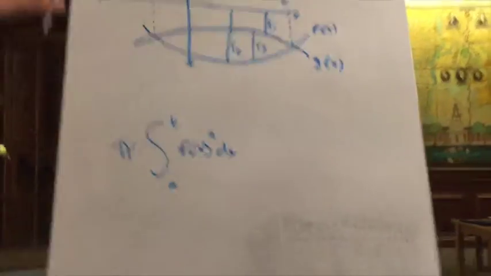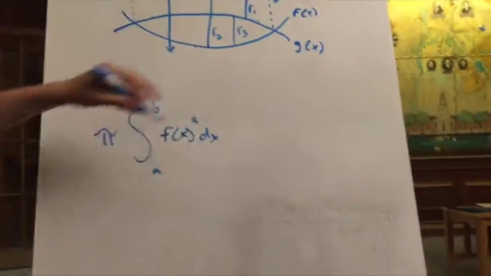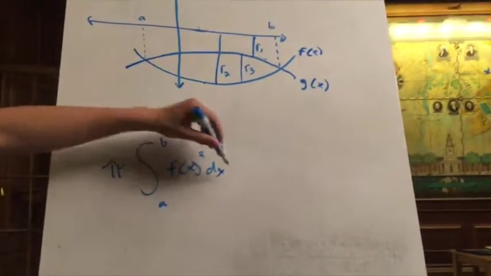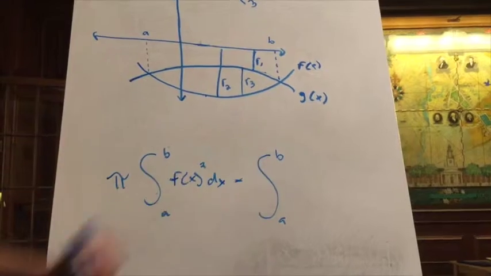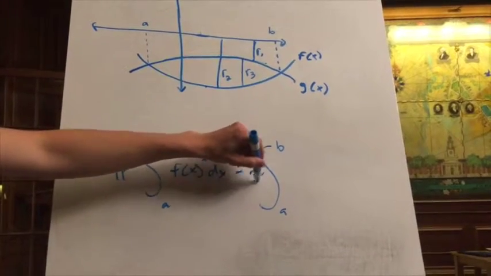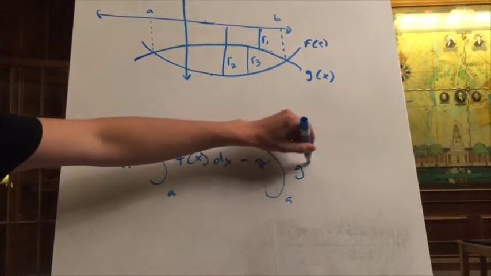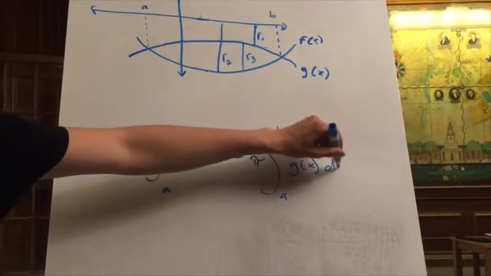The squared is, of course, because of our equation pi r squared. From this, we will subtract the integral from a to b of pi g of x squared dx.